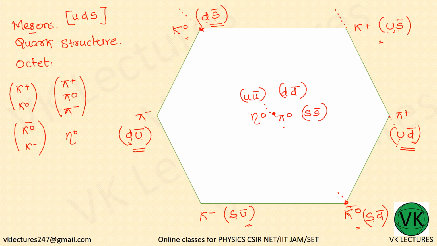Now if you draw this line, you can find K naught, pi naught, eta naught and K naught bar. These are the particles with charge 0. Now draw another line over here: pi minus and K minus, and these are the two particles with negative charge.